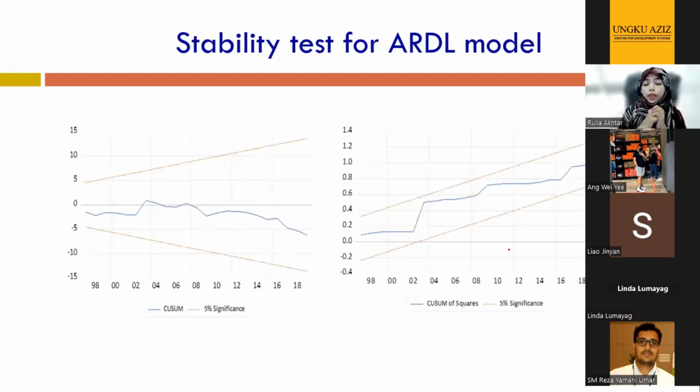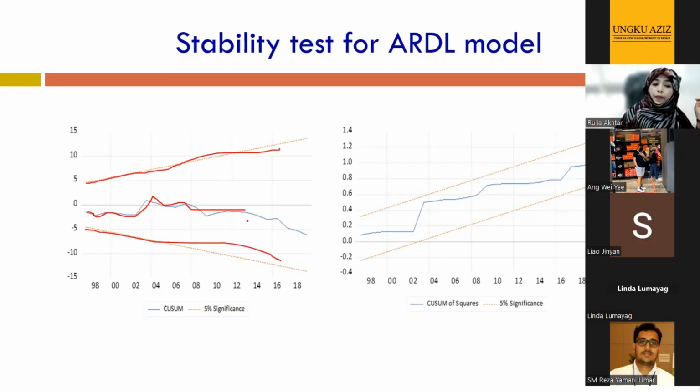Okay, now this is the stability of the model. How do we check this stability? You see here, we can check CUSUM and CUSUM square tests. If this blue line is within the two red dotted lines, it means that our model is stable. This is actually the criteria.